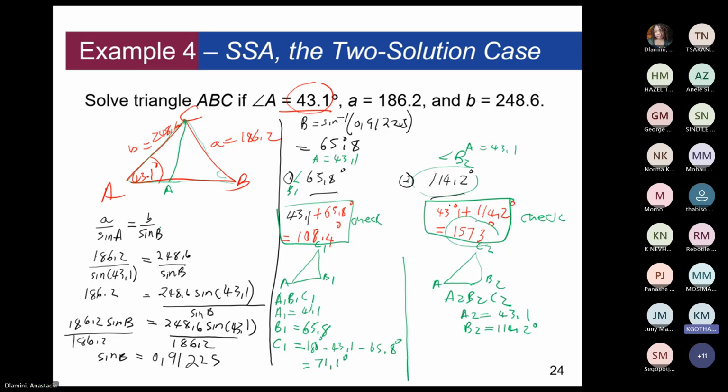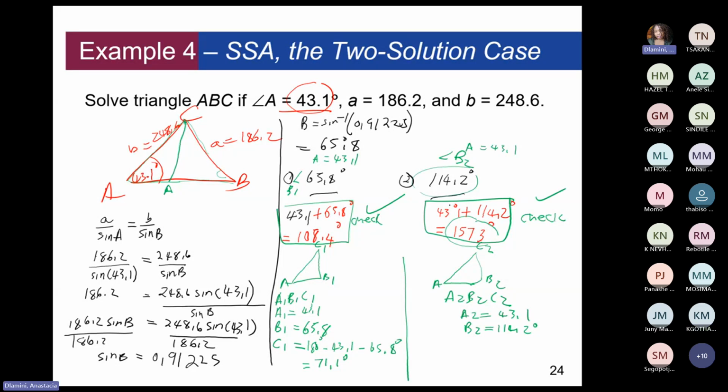So what we must remember is that A is just a constant number for both triangles. Yes. So A is constant, and B and C will change. Okay, so A will remain. The given angle will definitely remain, right? But then B will change based on whether you are having two. Remember when you are checking here, you have 1 and you have 2. Do you see that?